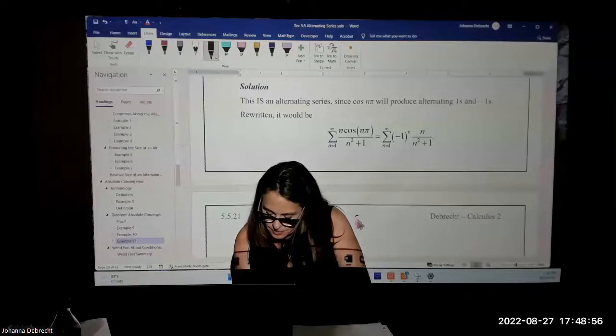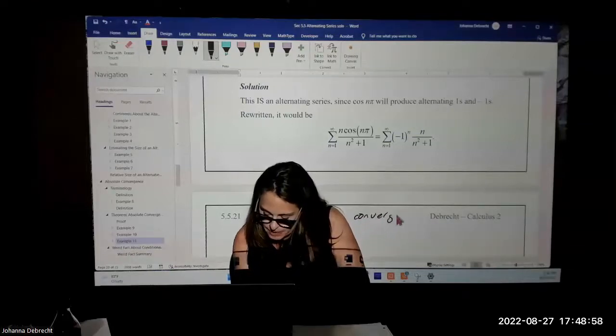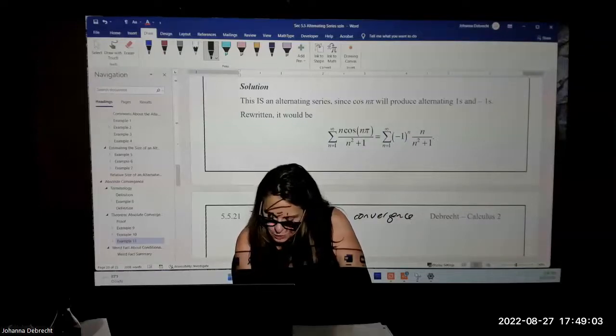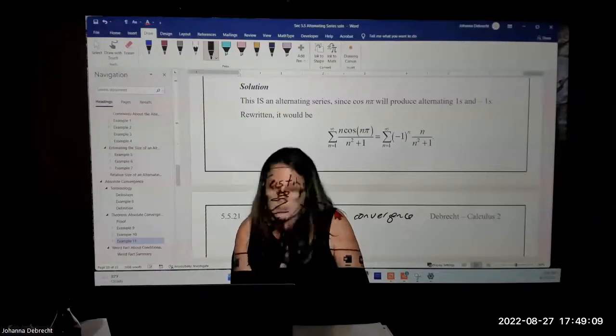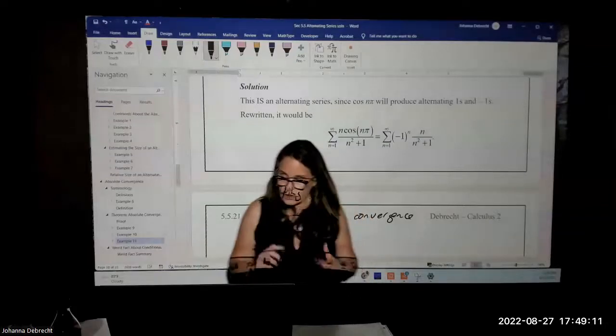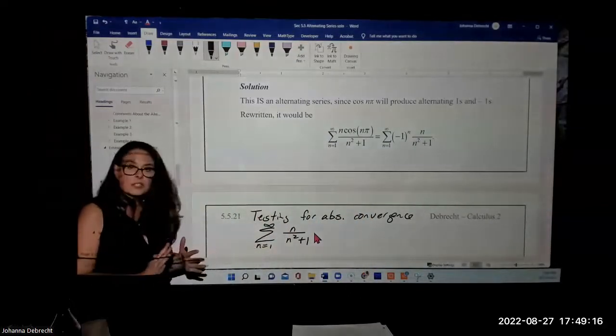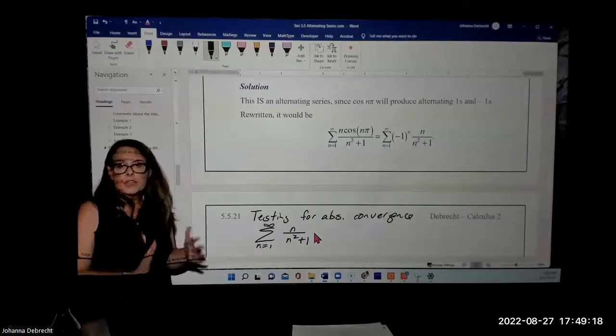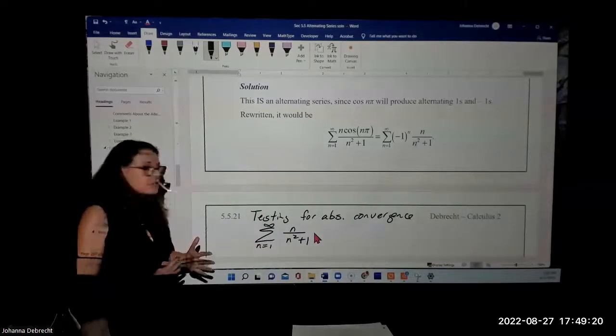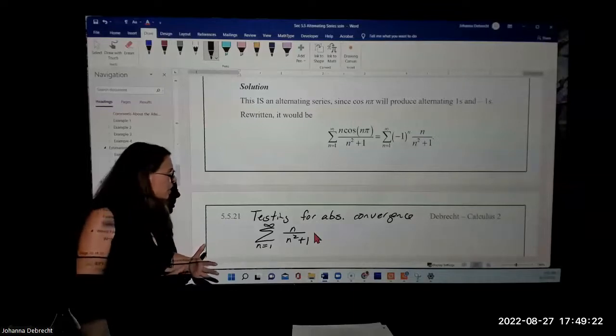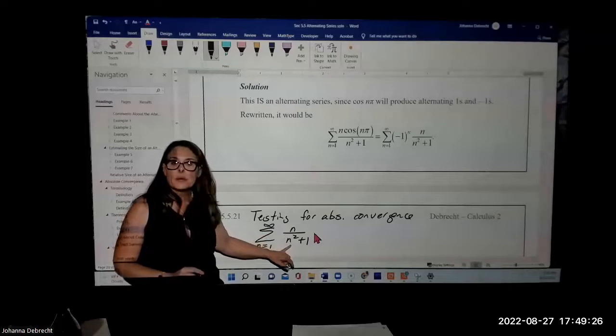When I do that, I end up with the series n equal 1 to infinity of n over n squared plus 1. Now, if I look at that and I'm trying to determine whether or not this converges, I think of the limit comparison test or the comparison test, where the series I want to compare it to is n over n squared.